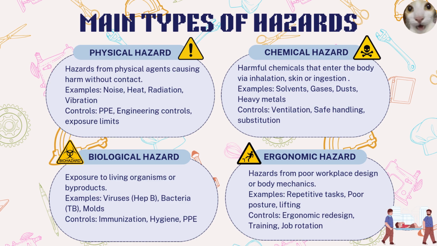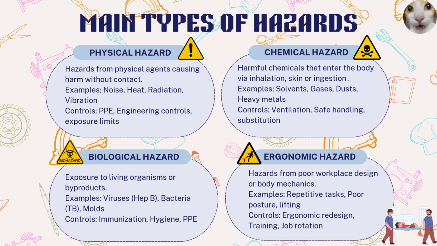Next, there are chemical hazards, which involve harmful substances entering the body through inhalation, skin contact, or ingestion. Examples include solvents, gases, dust, and heavy metals. To stay safe, proper ventilation, safe handling, and chemical substitution are essential.